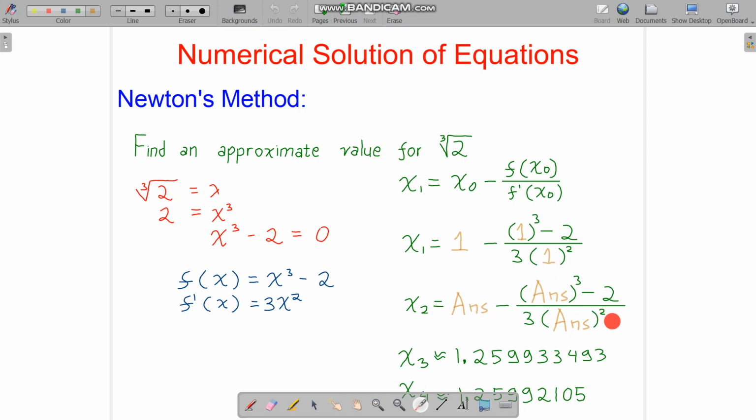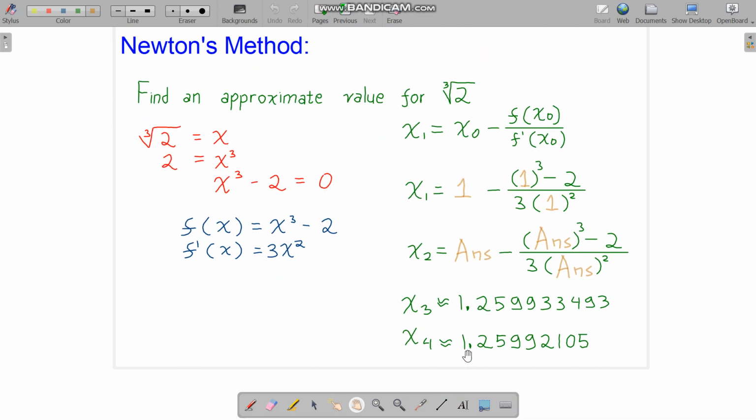Hit the equal sign and you'll get the next approximation, and if you hit the equal sign again, you get the next approximation, and you can just keep pressing the equal sign until the displayed number in your calculator doesn't change anymore. So that'll be the best approximation your calculator can find.